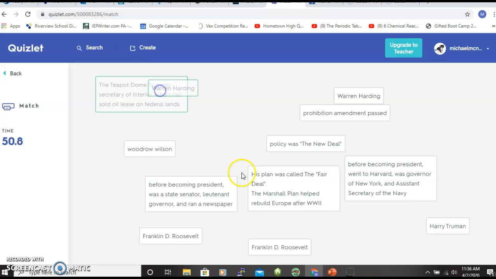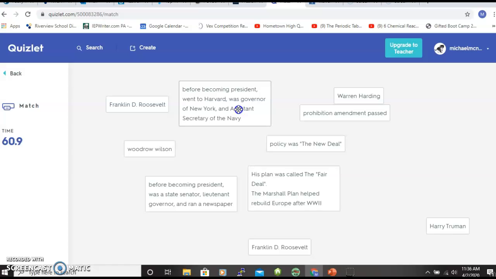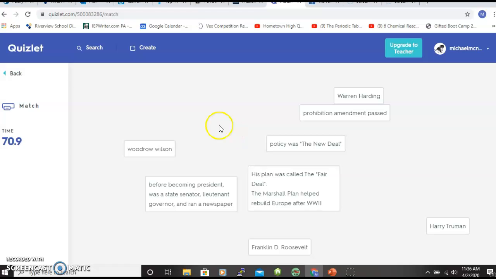And so Harding and the Teapot Dome scandal. And let's see, Franklin Delano Roosevelt, before he was president, went to Harvard, governor of New York, and assistant secretary of the Navy. Get the answer and the clue together for a second or two before closing it in order to give yourself that visual connection between the two of them.